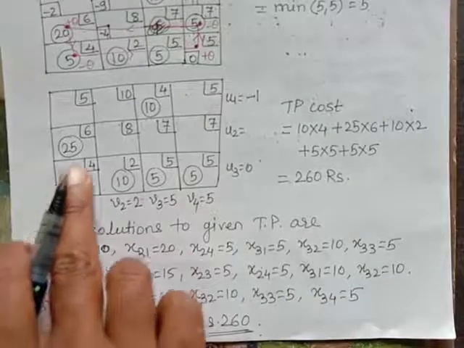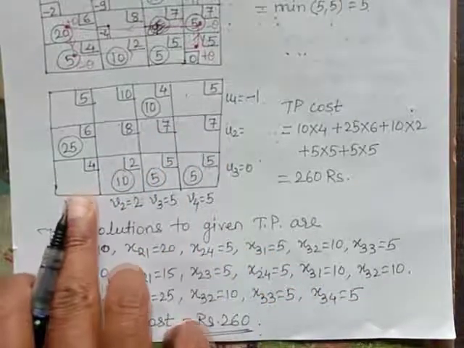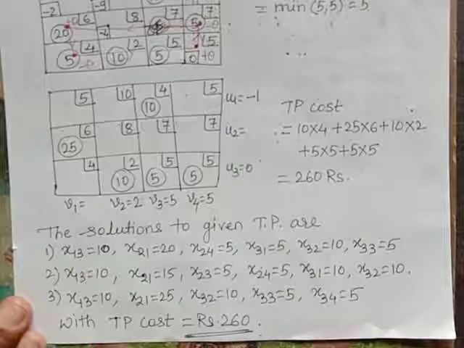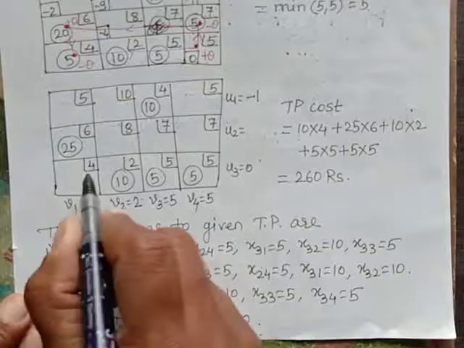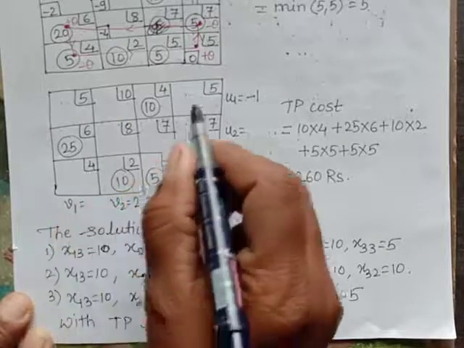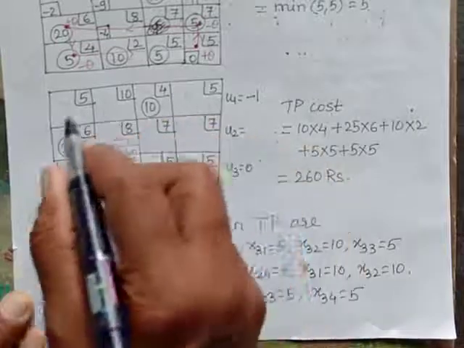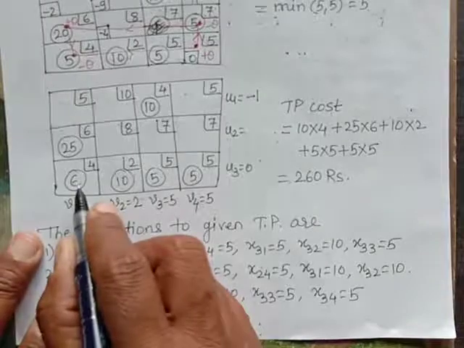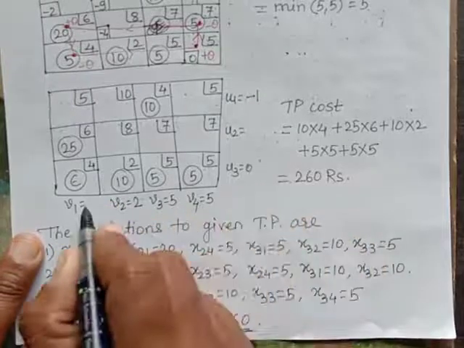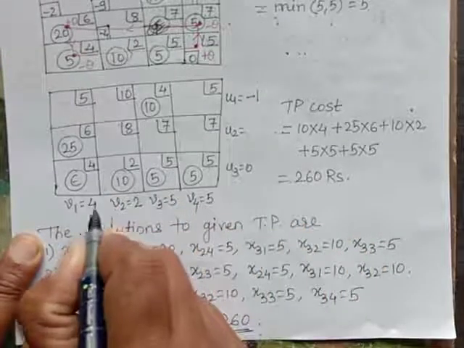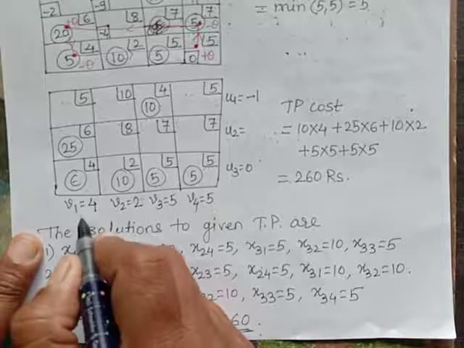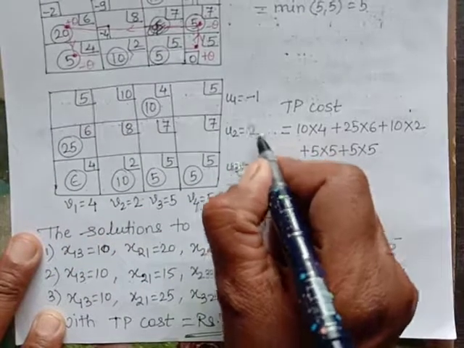So here somewhere you can take the smallest value, the small value allocation, that will be epsilon. So here 4 is the smallest value in unoccupied cells. Here we can take epsilon, and if we take that epsilon, then from u3 we can determine v4. v1 will be 4. If v1 is 4, then u2 will be how much? 2.